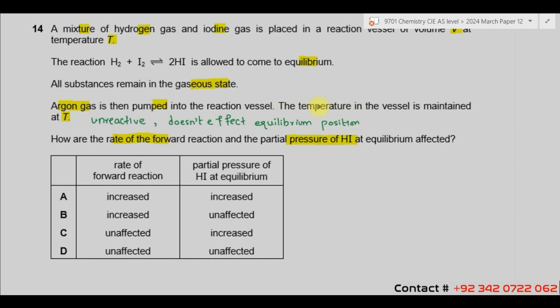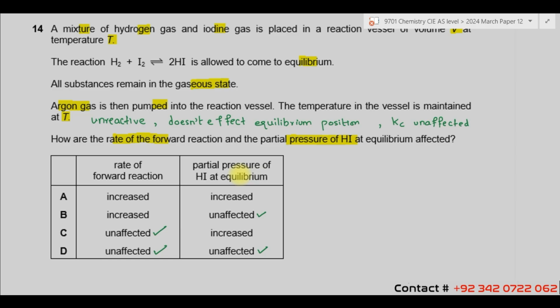And we can see that temperature is maintained at T, so temperature does not change. When temperature does not change, Kc does not change. So rate of forward reaction is unaffected because argon is not a part of the reactant molecules. Then partial pressure of hydrogen iodide at equilibrium is also unaffected.